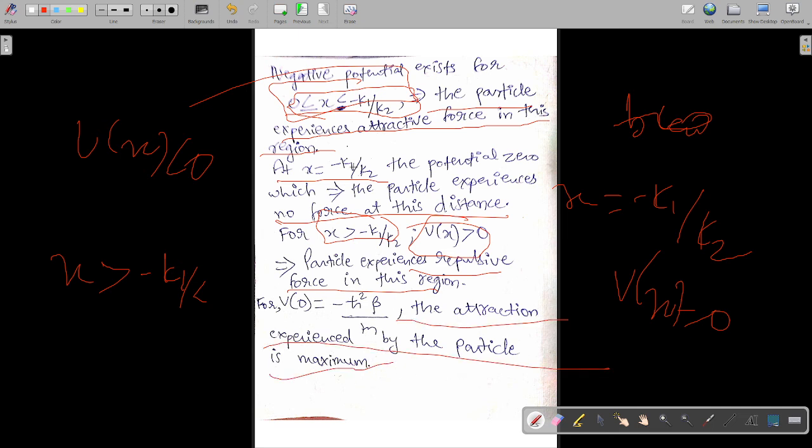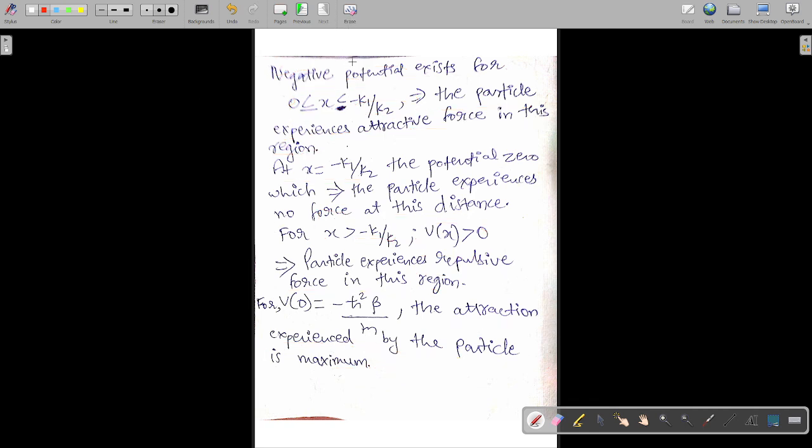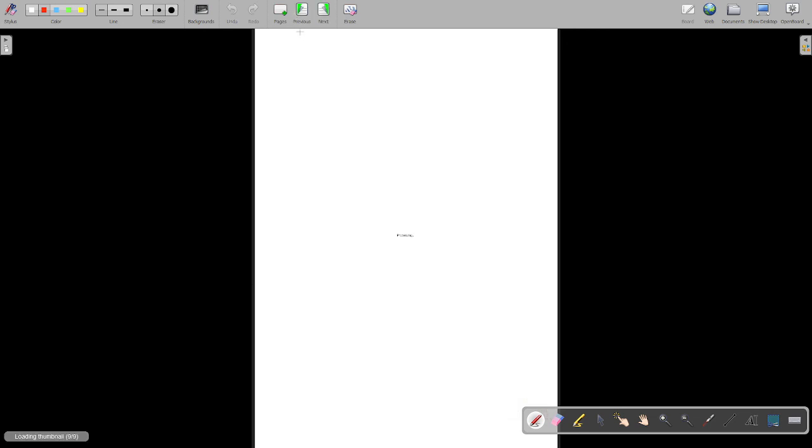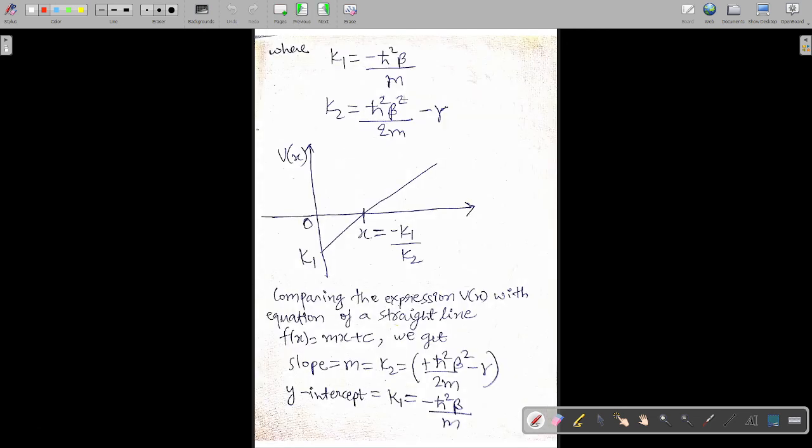Okay, some students ask over here that you are drawing this graph considering beta and gamma to be positive. But some students ask, what if it is only given in the question that alpha, beta, gamma are real?